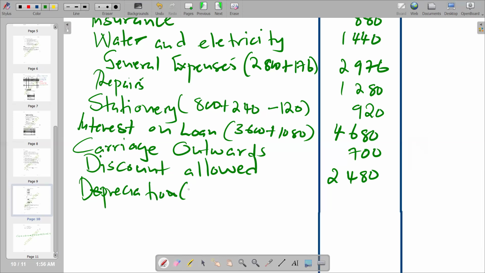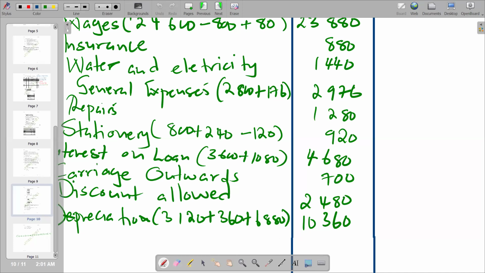Then in brackets, we just add the 3 depreciations, whereby you've got 3,120. Having put that, we are supposed to add the 3 figures that we have there to get the total depreciation, which is supposed to be 10,360. So basically that's what we have, and this becomes the last item that we have on our expenses.